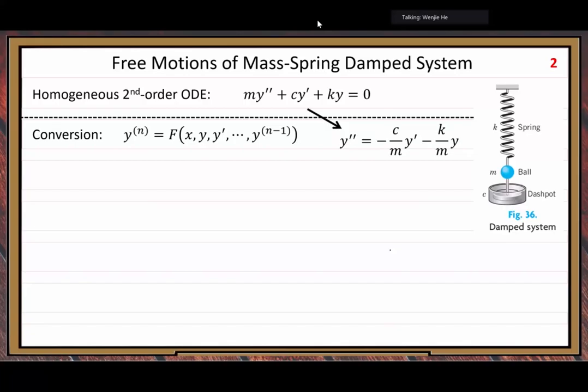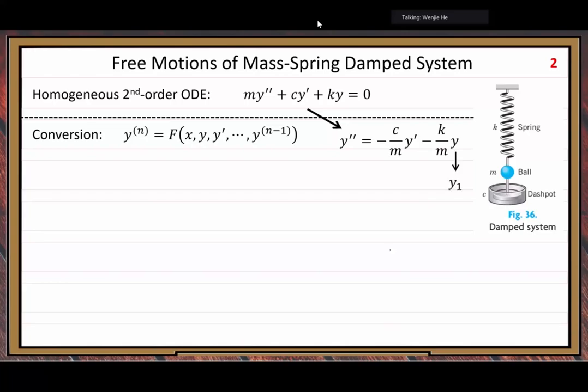Before we do the conversion, let's write in this standard way. Then we need to introduce some new functions in order to bring down the order of derivatives, the second order derivative. Make it first order.